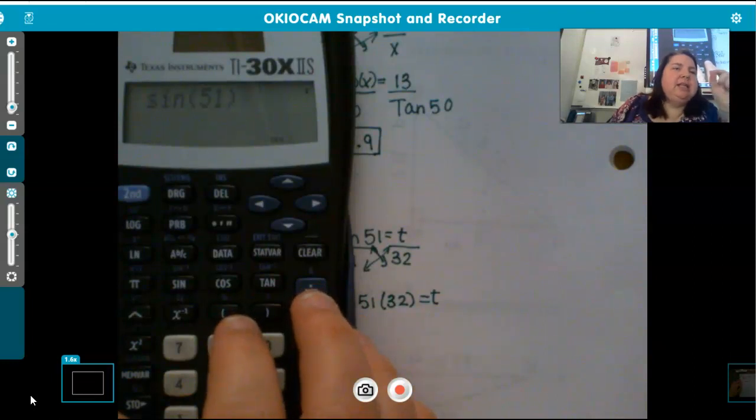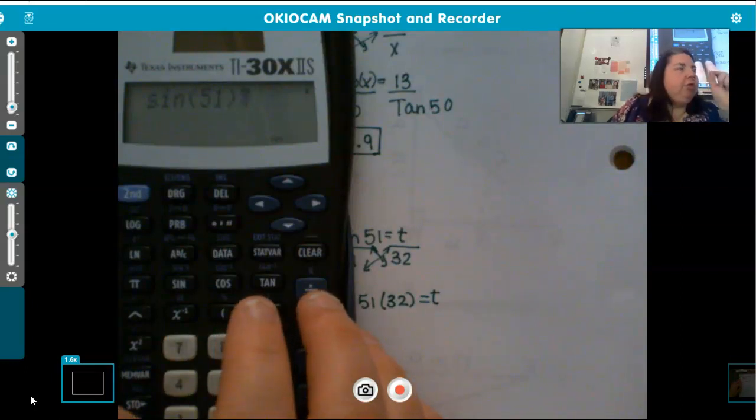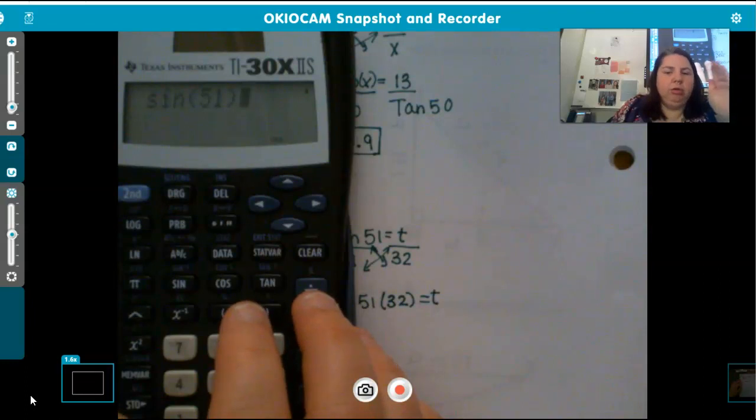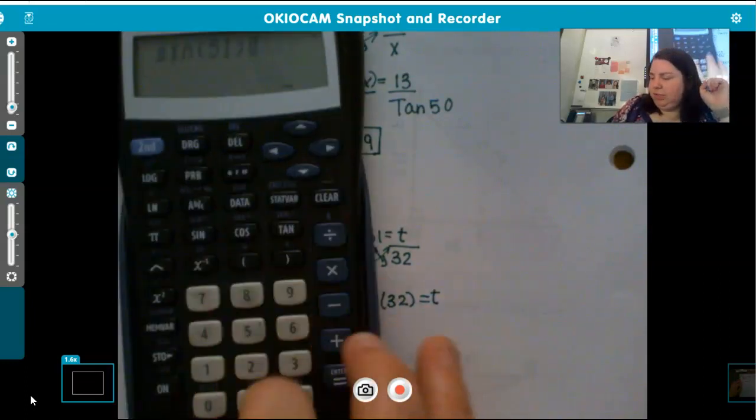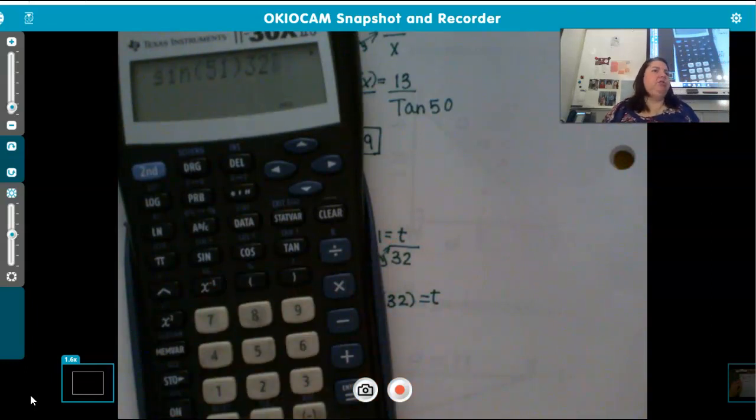Because instead of taking the sine of 51 and multiplying that by 32, it's going to give you the 51 times 32 and the sine of whatever that unholy number is. So close your parentheses, and then you can just write 32. Practice putting that in your calculator. Make sure you get the same number I get, because this is probably where the most mistakes are going to be made on this section of the test.